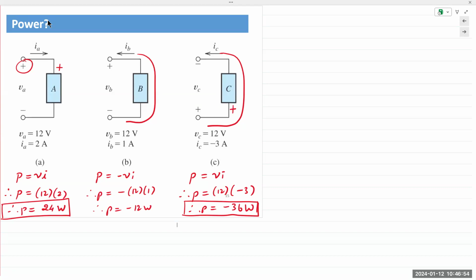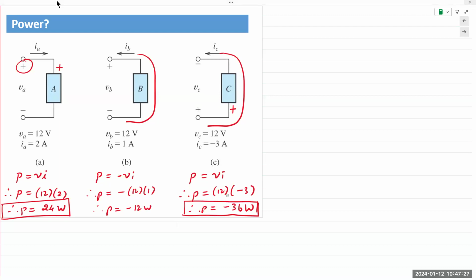Even though at the beginning of the problem we think the current is entering the positive terminal, so the beginning of our assumption is that the power is being received, positive power, at the end of the problem we receive a negative answer. It only means that our assumption at the beginning of the problem was incorrect, but our answer is still correct.